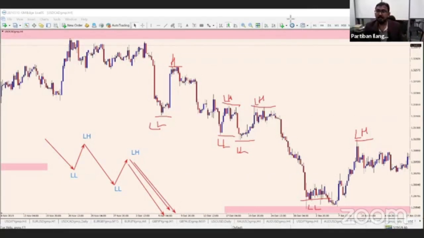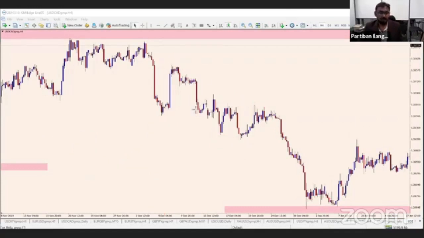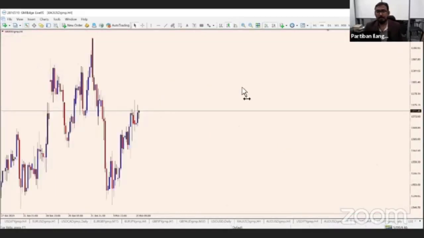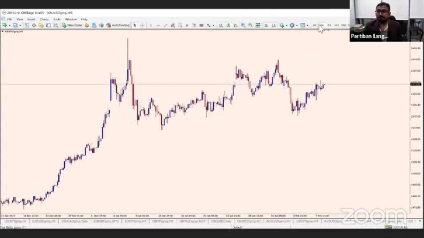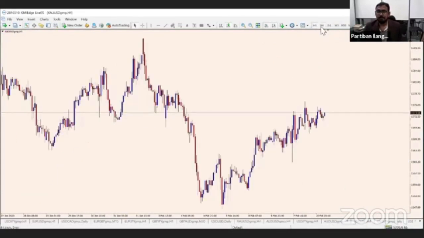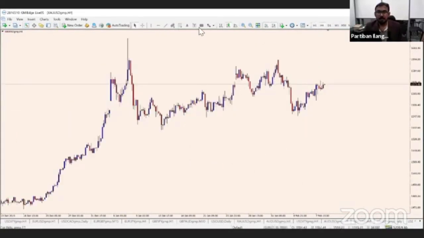Now let's see one example on a market, let's go to gold. Now look at this. At this point, this was the high, this was the low, this was the high, this was the low.